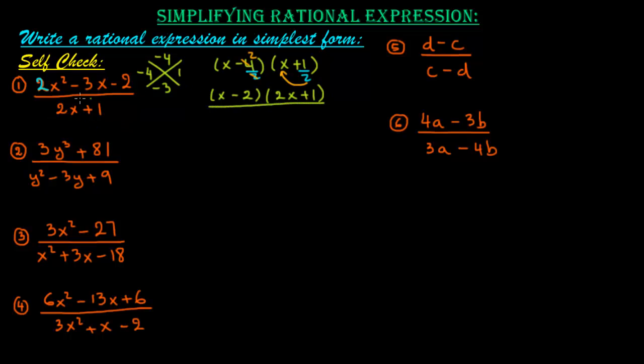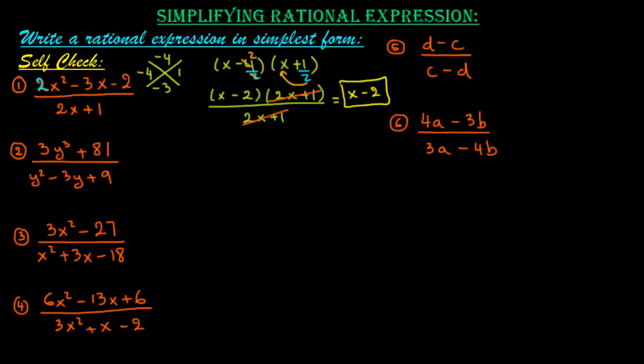And at the denominator of problem 1, we have 2x plus 1, which has no greatest common factor, so I just bring it over, 2x plus 1. And you see that the numerator and denominator both have 2x plus 1, so all I need to do is simplify them out. So the answer is x minus 2. And that's the answer for problem 1.